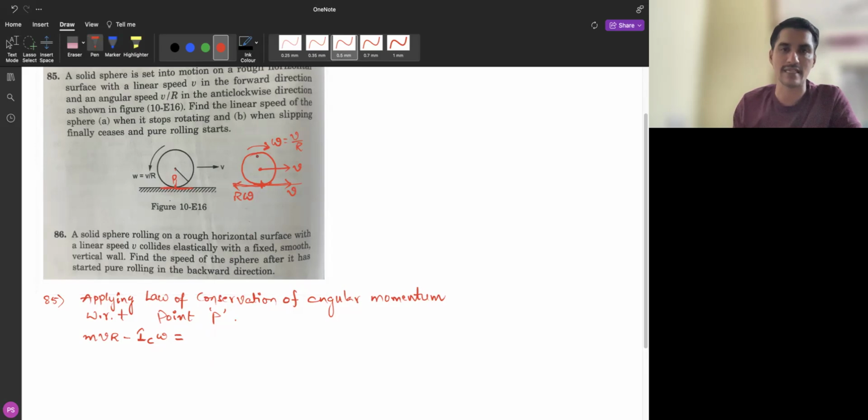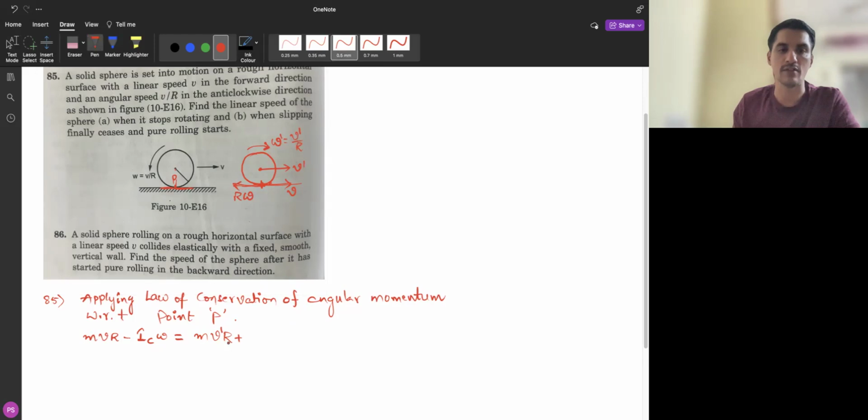So if we consider that situation, the pure rolling condition, now how to apply the law of conservation of angular momentum, that is m into v into capital R plus, I'm sorry, when it travels like this, then its velocity changes, right? Consider it is omega dash, hence it is v dash. Means after coming into pure rolling, its translatory motion changes, the velocity of center of mass.